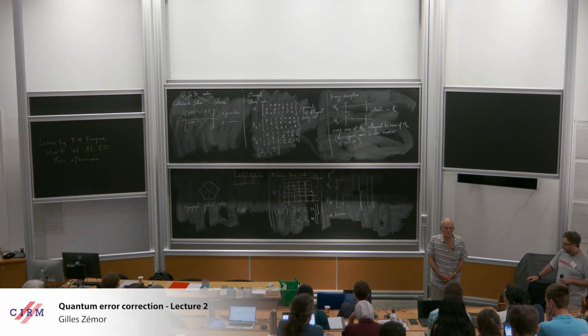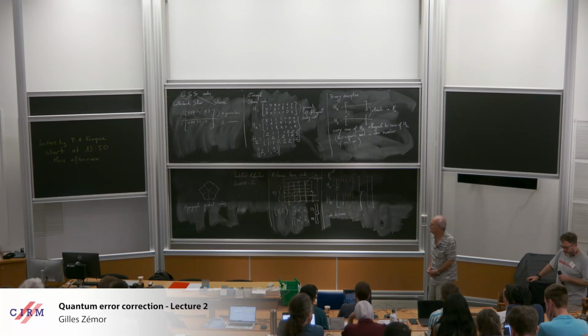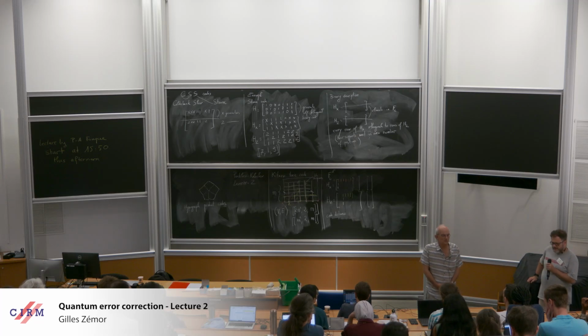But with cold atoms technologies and a few others, people say that long-distance interaction is not such a big deal anymore. So yeah, we very probably don't have to stick with Kitaev codes.